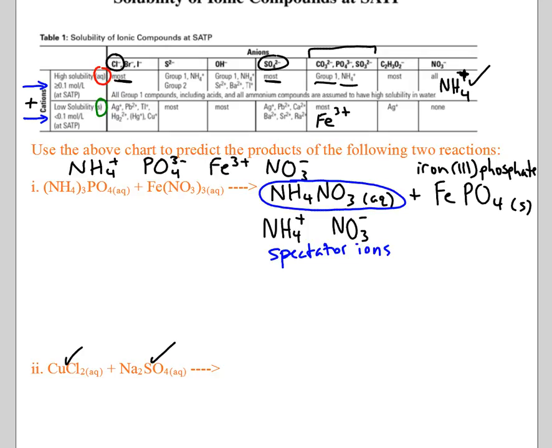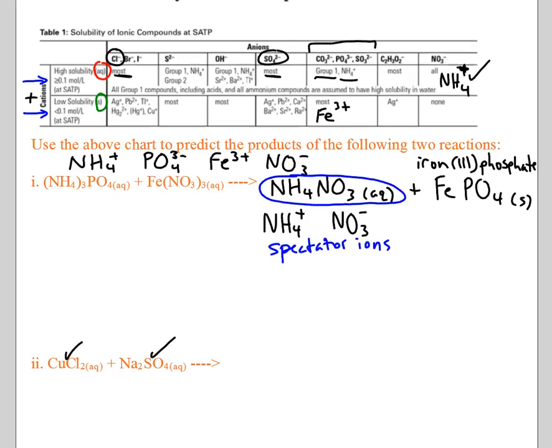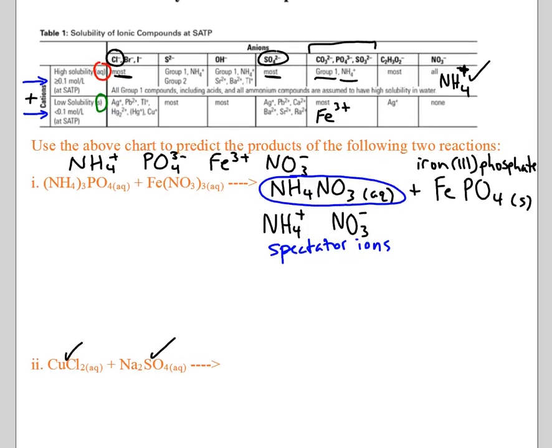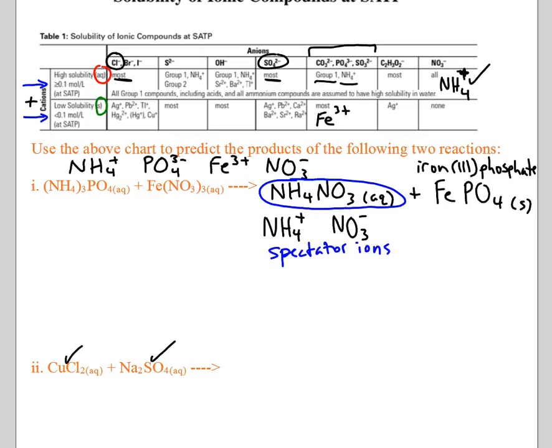Now, pour those two solutions together, there's potential for reaction. As we saw before, chloride has high solubility with most cations, and in the presence of sodium, will form a soluble product. So one of the products will be sodium chloride, which, because it's aqueous, we can write theoretically, but in fact, those are spectator ions which won't associate to form a precipitate.